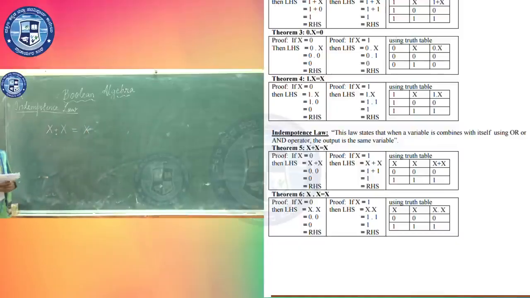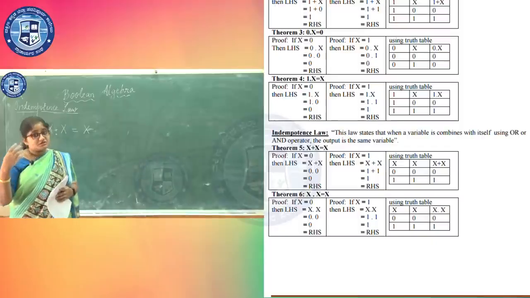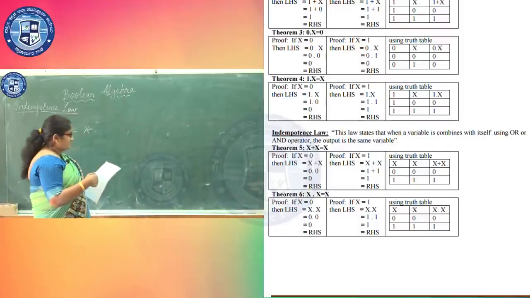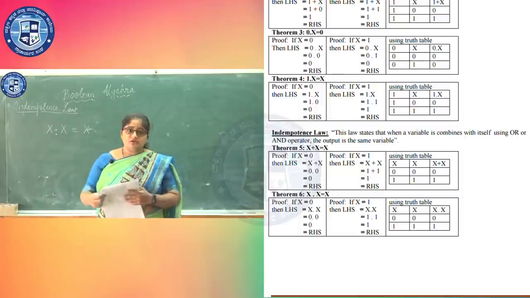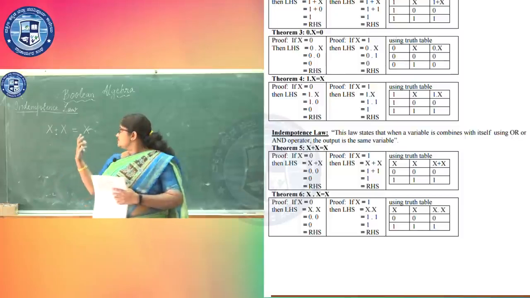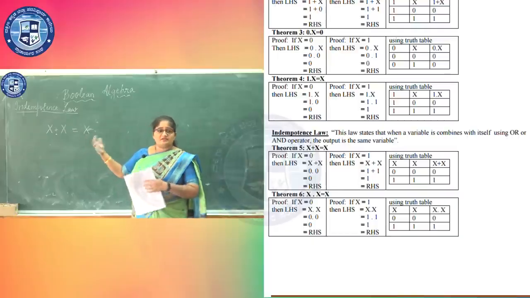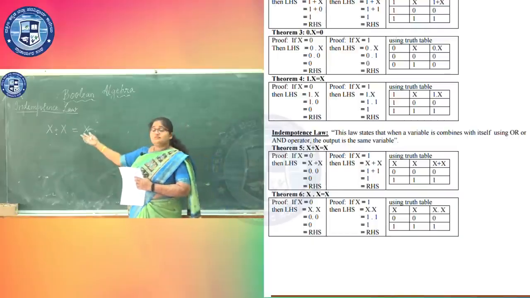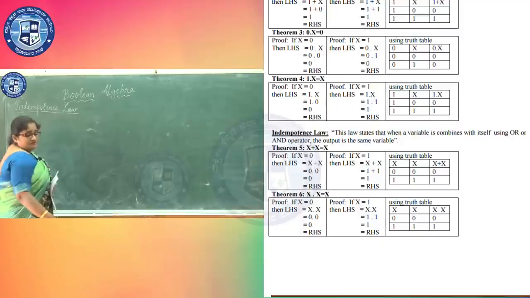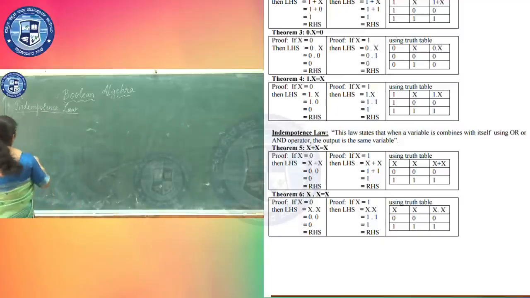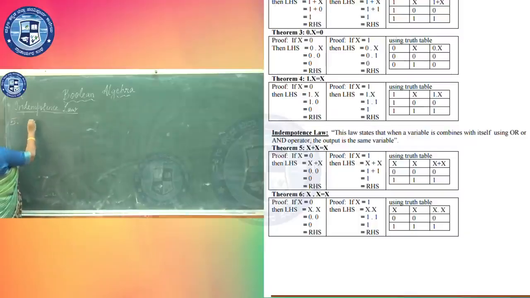In the notes I have given the proof using the truth table also. You can see beside that for theorems 1 to 4 I have given the proof using truth table also. Maybe that is not much effective when you understand, but proving algebraically will be more effective. So in the idempotence law, that is the fifth theorem, x or x is equal to x.